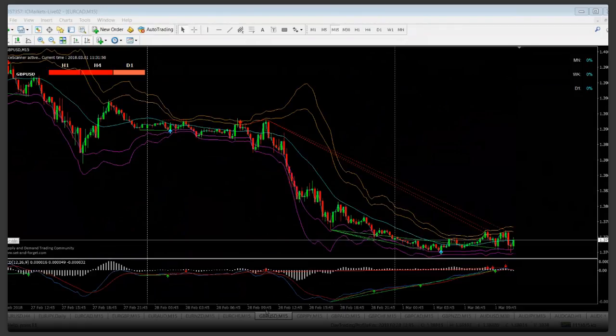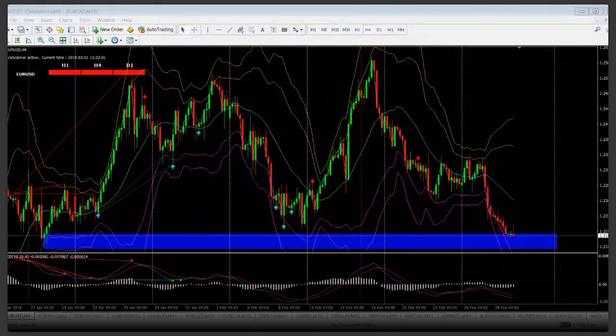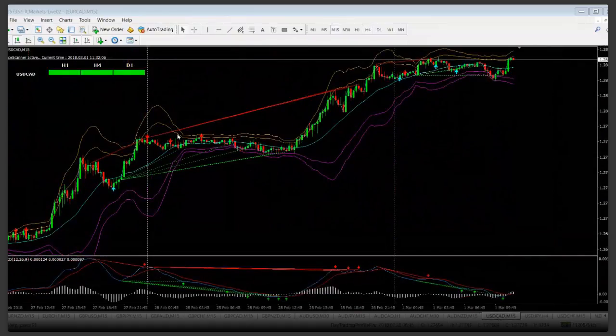USD Japanese yen, Euro GDP, buy. No. USD CAD, sell. See me trading this live, day trading, you do get a lot of signals.